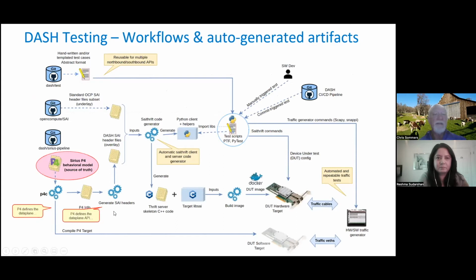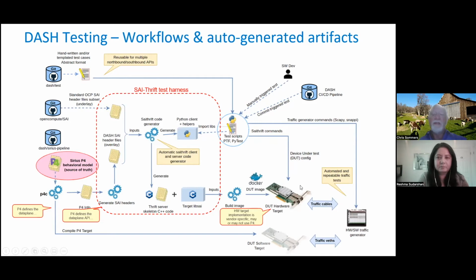It generates the SAI headers, which become the data plane abstraction programming interface. And even beyond that, it generates a SAI Thrift test harness, which we can use to exercise the devices. We can run Python scripts, which exercise the Python client library to program the device under test. We can also use these scripts to program software and hardware traffic generators, which will send packets into the devices.